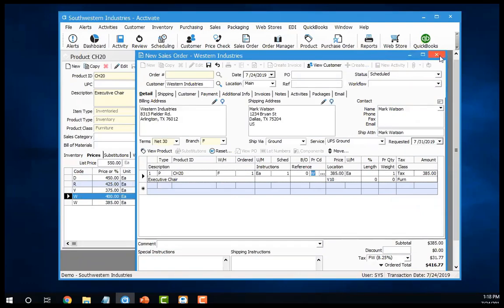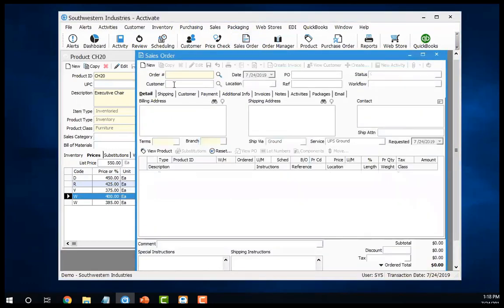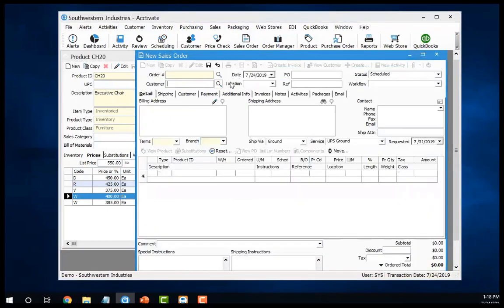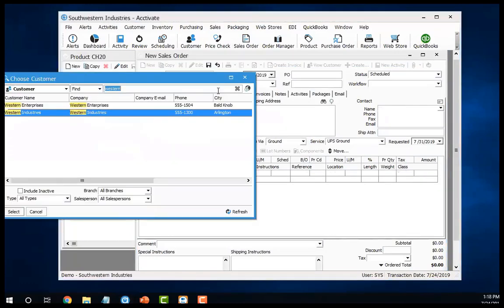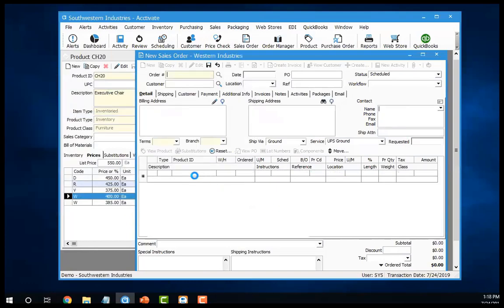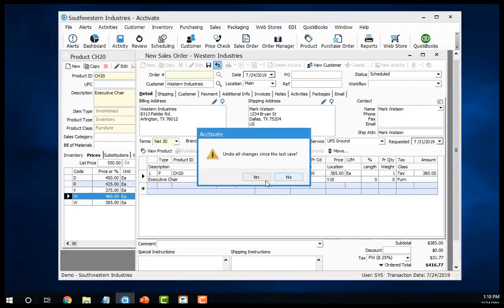But let's say we placed an order with a different date. So let's say I made my order and I set the date to be in the future. Add the customer, everything else is the same. I didn't set the date.